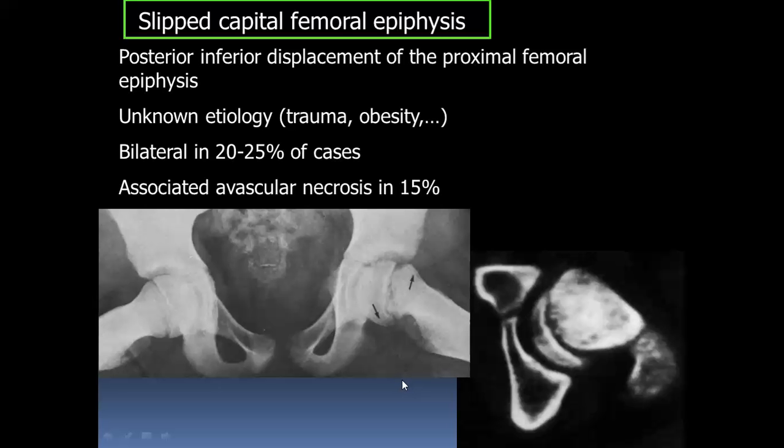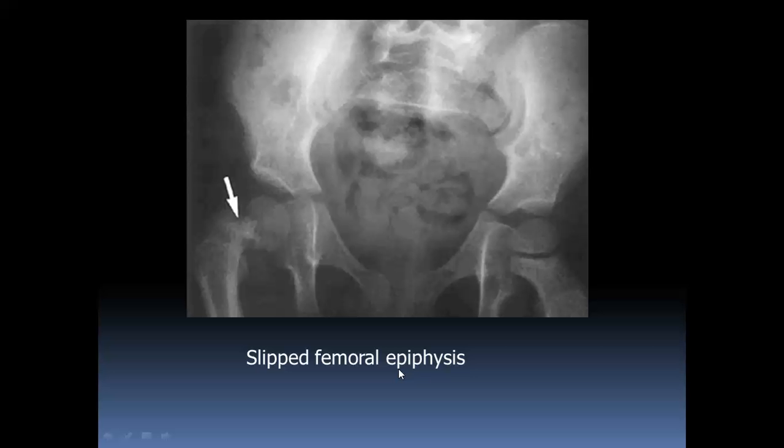It's bilateral in about a quarter of cases, and there is associated, expectedly, avascular necrosis in some, because there is interruption of the vascular supply of the femoral head. Slipped femoral capital epiphysis. Here, displacement of the femoral capital epiphysis down and posterior, and this one is showing coxa valga deformity.